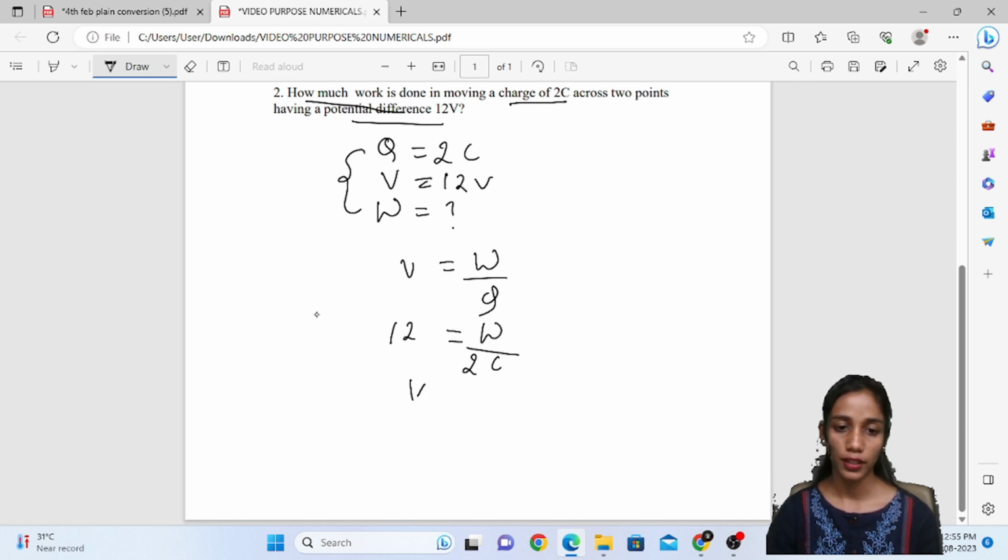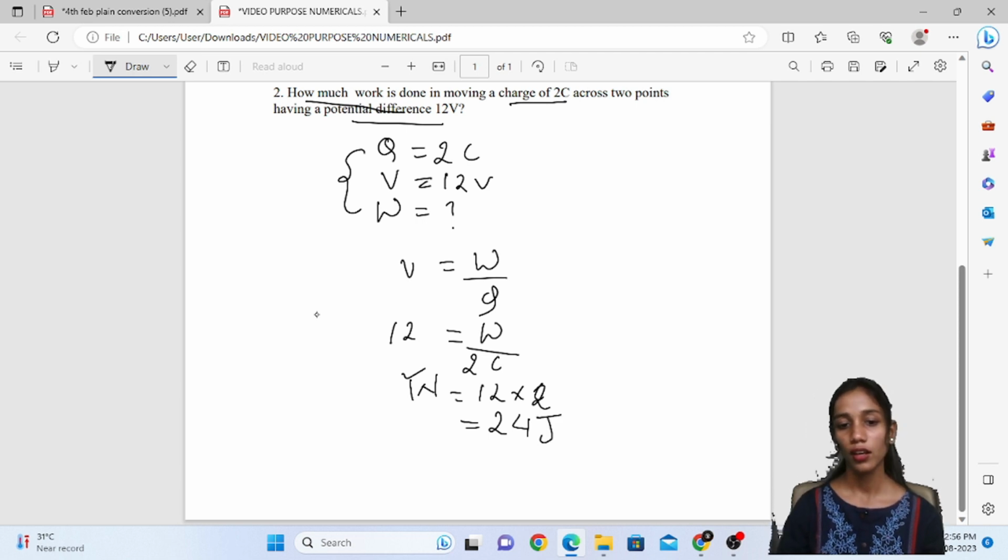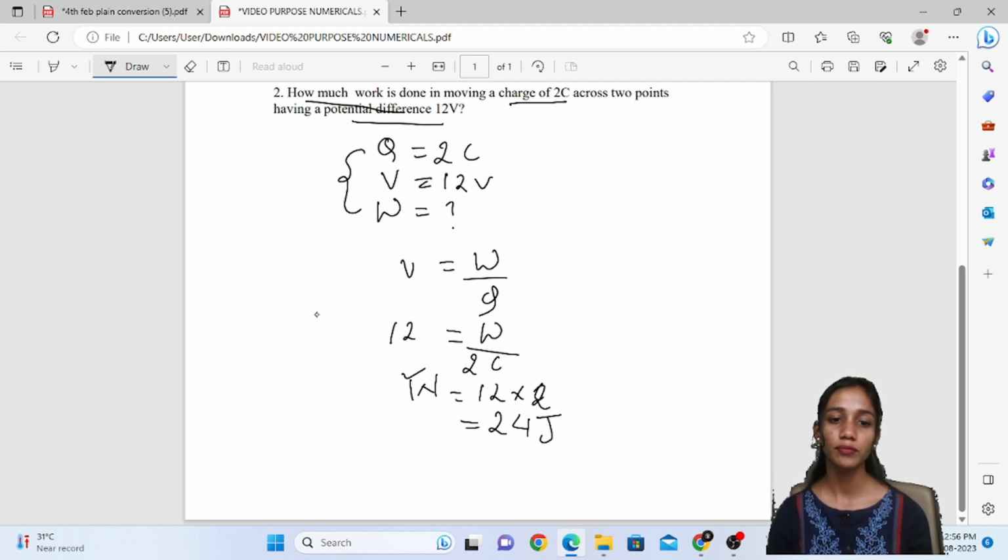So work done will be equal to 12 into 2, which is equal to 24. Now what is missing over here? The answer is not complete because we need to write the SI unit of work, which is joules. So the final and complete answer will be 24 joules. This was one example of the potential difference problem.